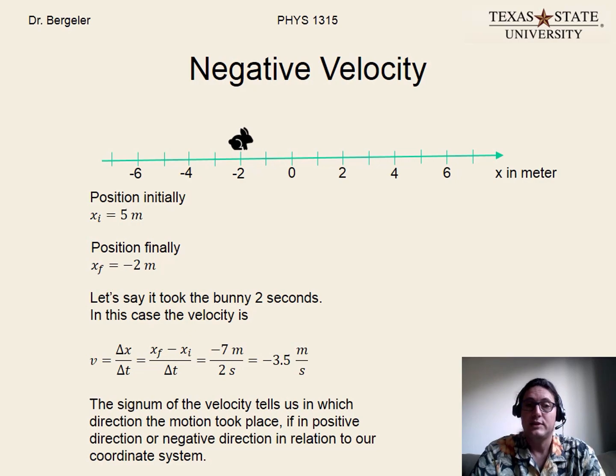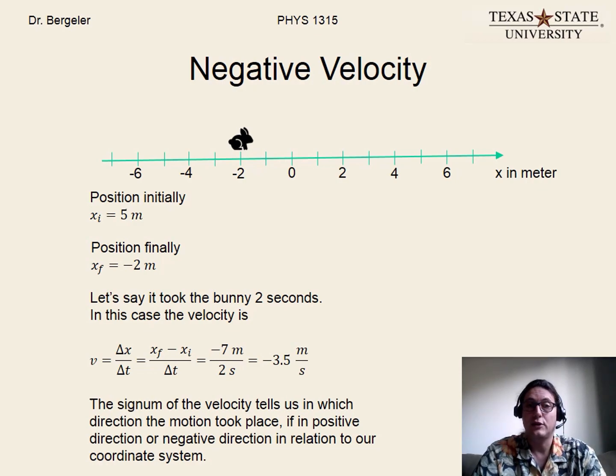And now we use the same formula from before. The definition of velocity is v equals delta x over delta t. Now we plug in, only now we have different values, and it turns out that when we plug in the values as they are, we get that the velocity is -3.5 meters per second.